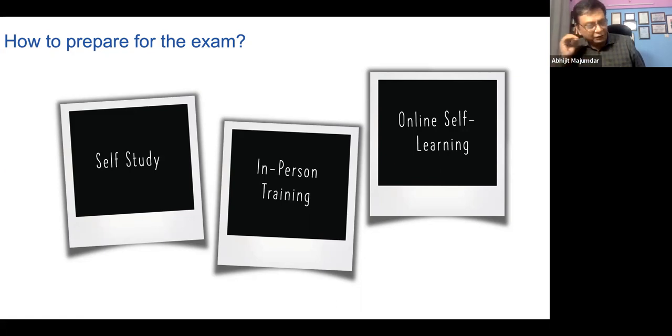I am not saying that you need to go in for a training program. A lot of people do self-study. But there are two things. One is that you should have experience of end-to-end visibility of a bid. And second, you have to be self-disciplined.